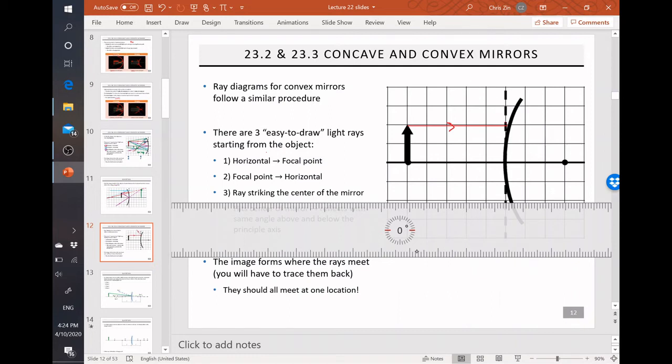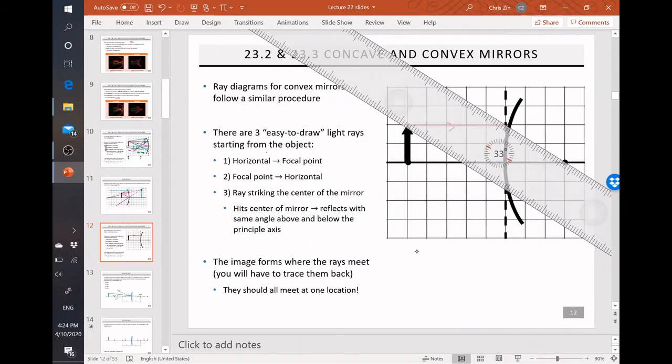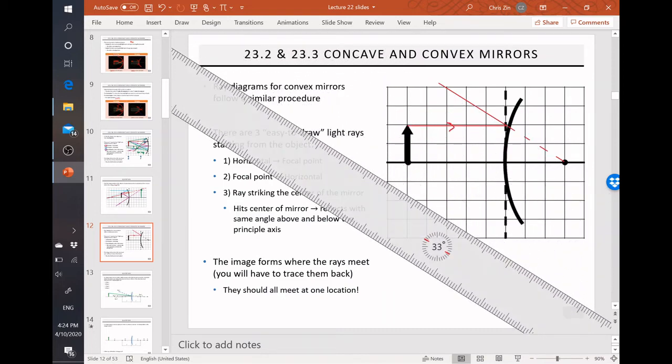To determine exactly which direction it is going to reflect off, we have to make it look like it's coming from the focal point. So after it reflects, it looks like it came from the focal point. That's why it's the horizontal to focal point ray.